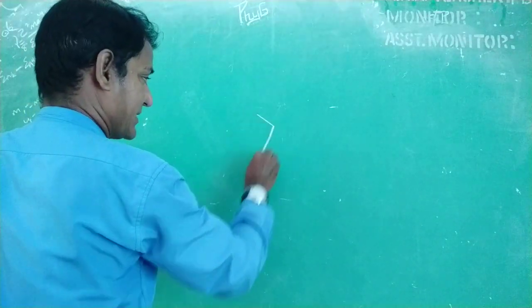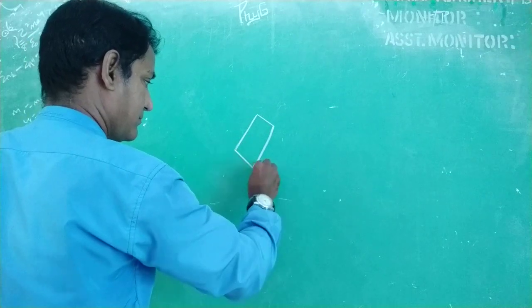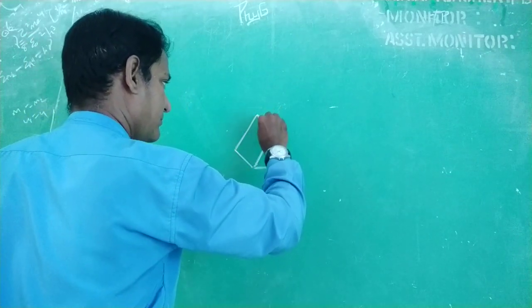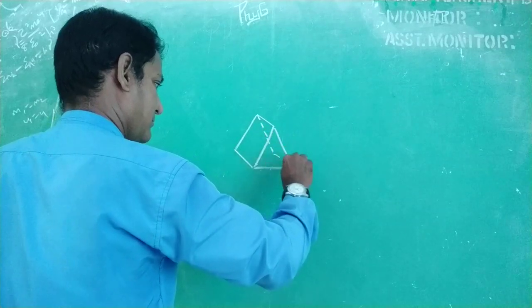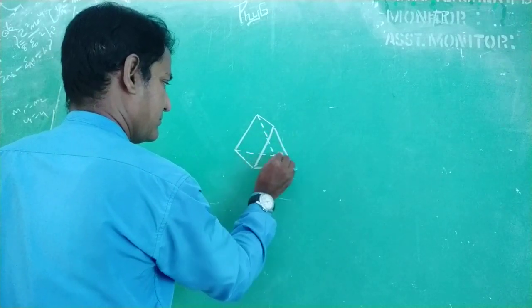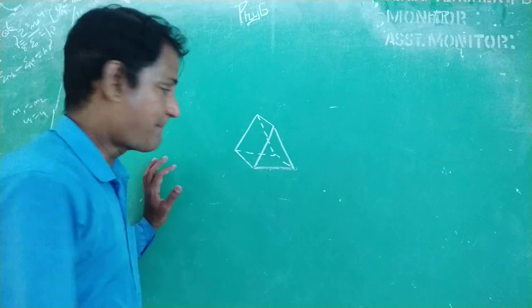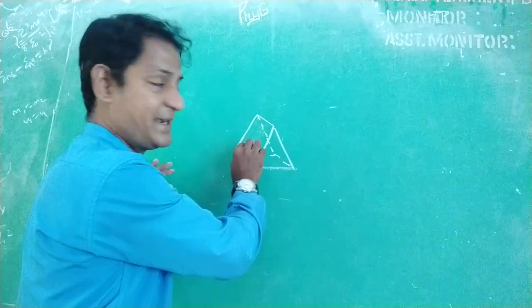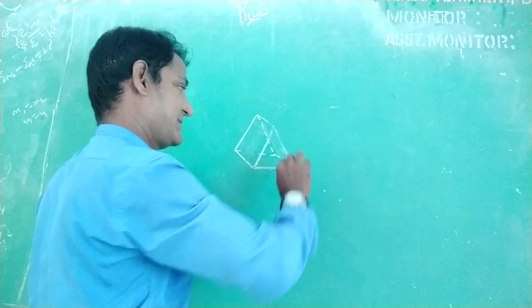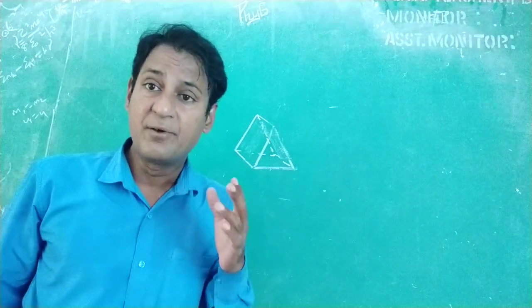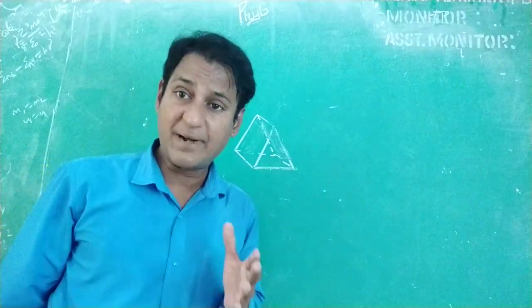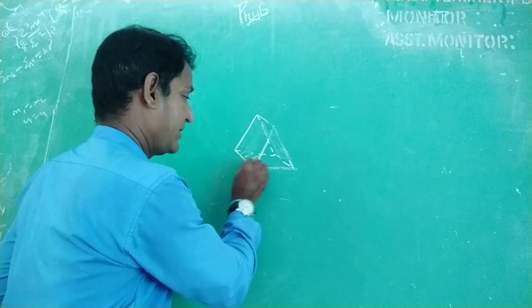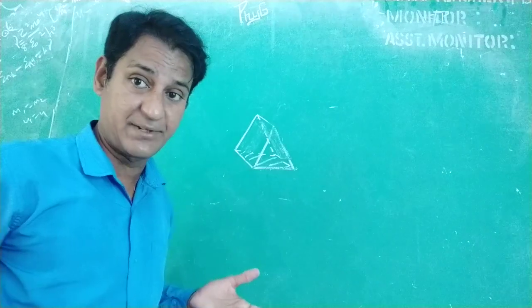So in 3 dimension, if this is the prism, these 2 inclined faces are called the refracting faces of a prism, and this is what we call the base of the prism, right?